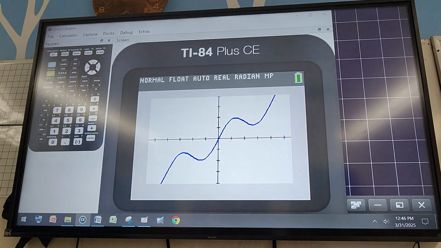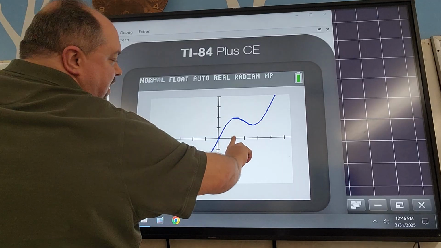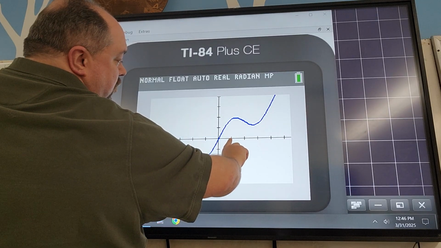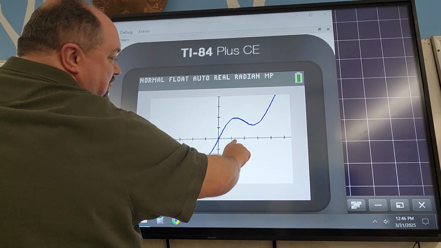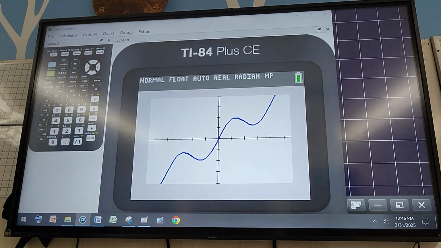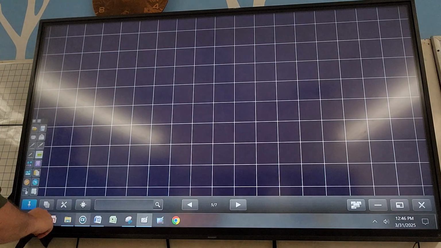From 0 to 2 pi, we have a guess of a maximum of, what would you say that is? 1.3. Well, no, this is half pi. That's pi. So 3/4 pi. Okay, we'll try 3/4 pi.